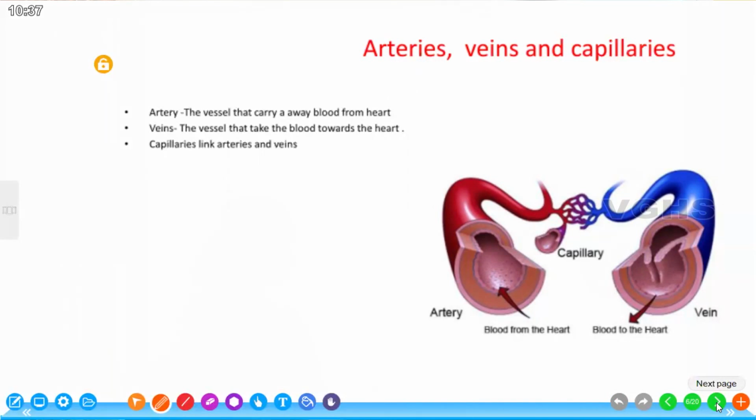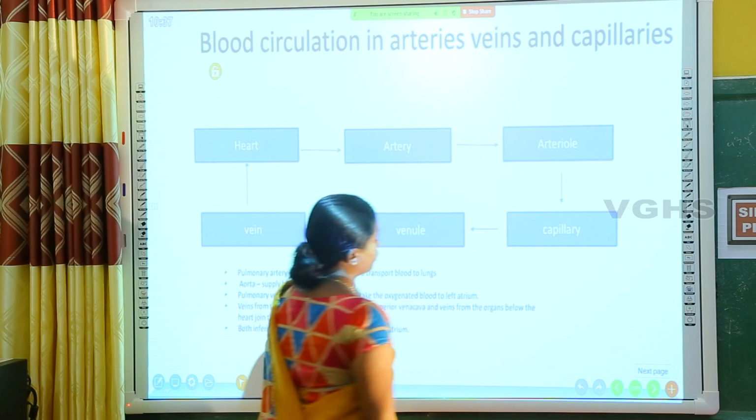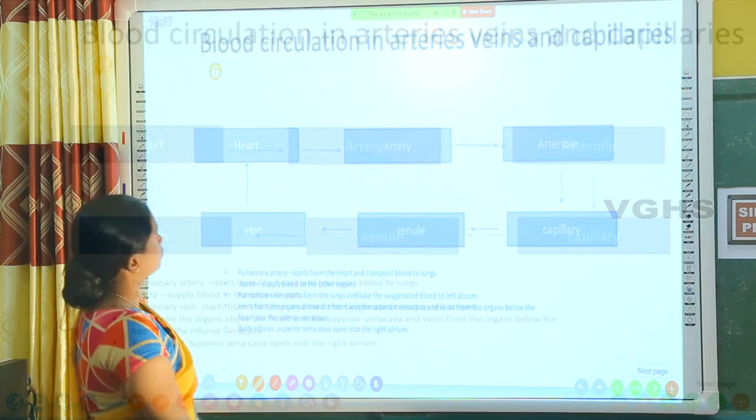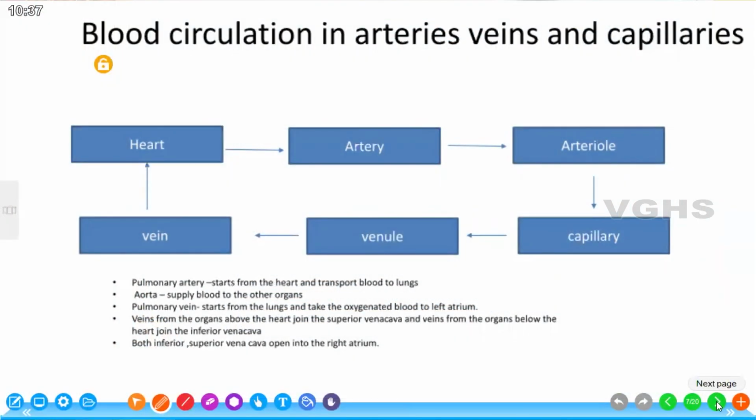Here you can observe arteries and veins. The capillaries link both arteries and veins. Okay? Right?